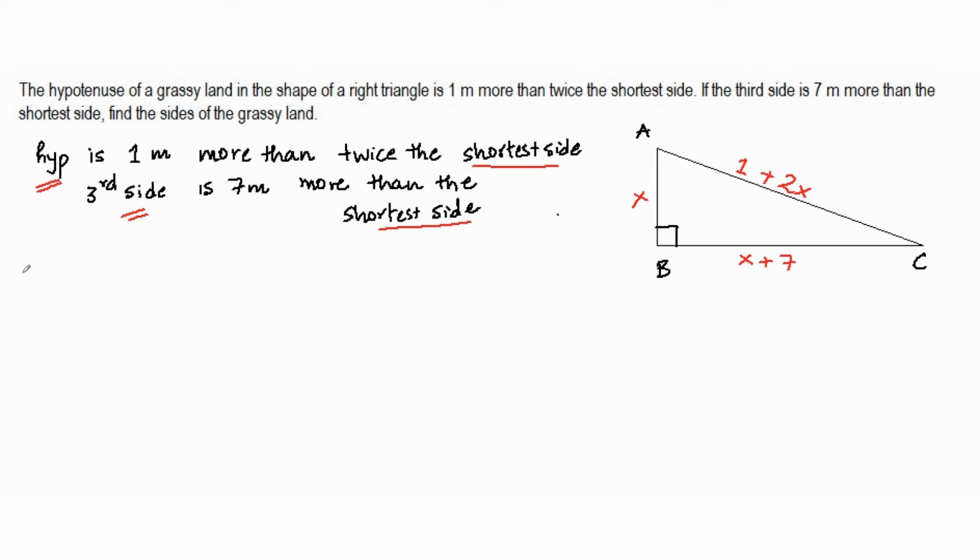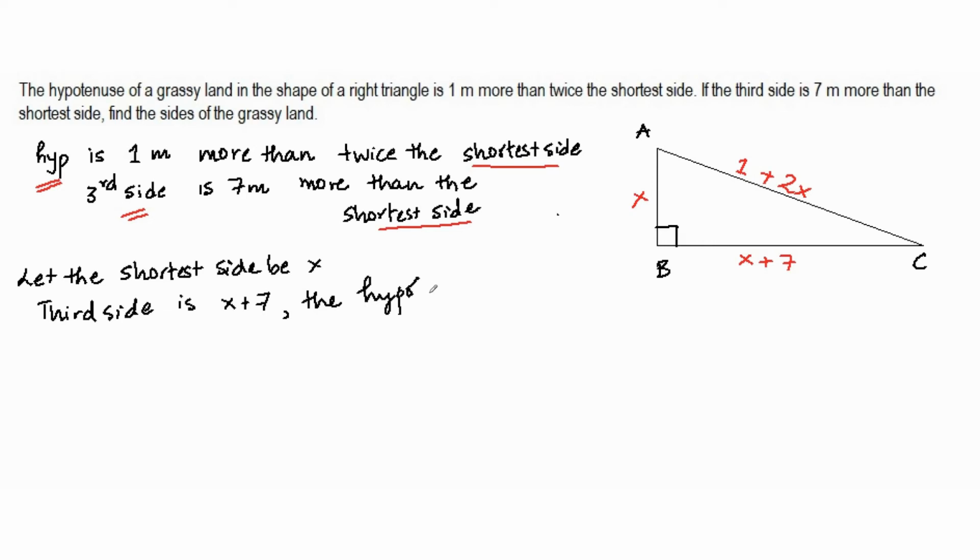So here I can say that let the shortest side be x. And therefore the third side is x plus 7, while the hypotenuse is going to be 1 plus 2x.